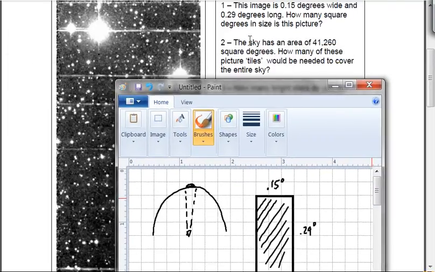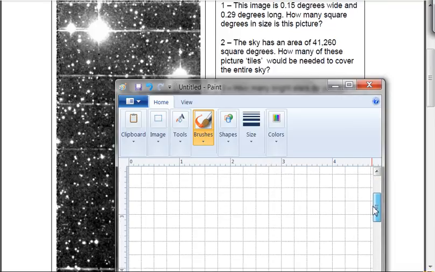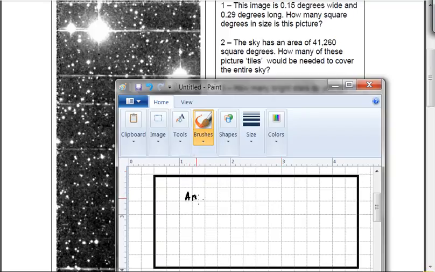The second question is saying the sky has an area of 41,000 square degrees. So if you were to flatten out the sky into a gigantic square or whatever, you would end up getting the area equals 41,260 square degrees.